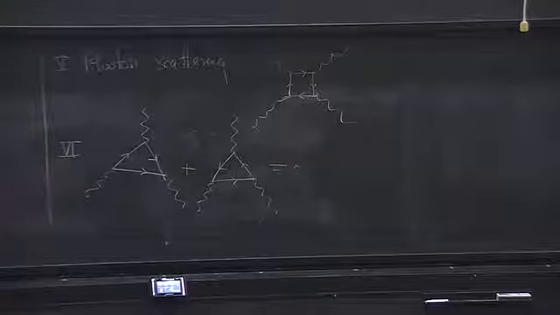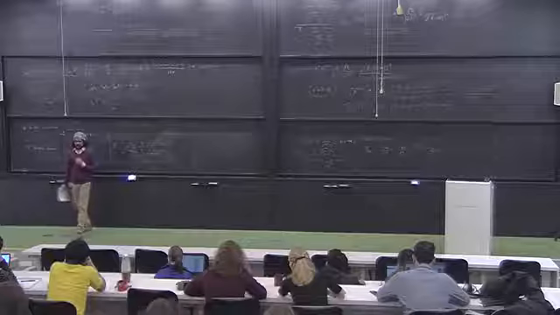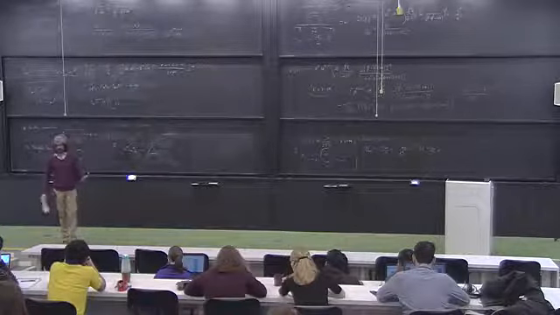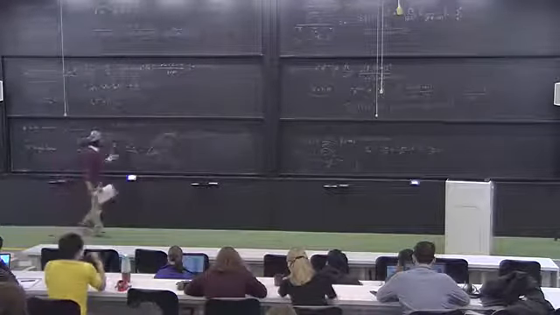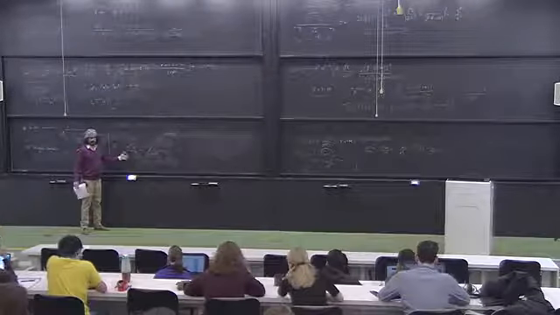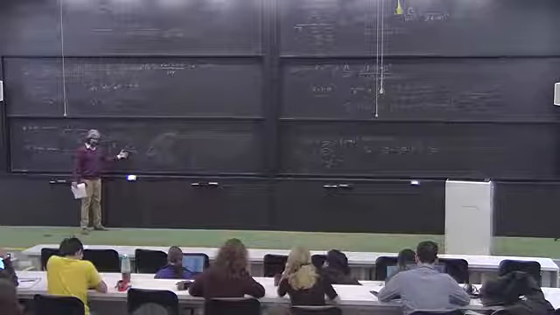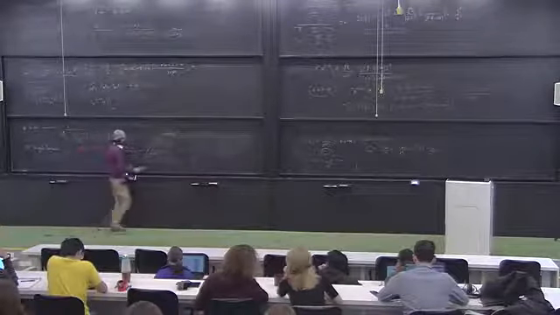However, in theories where you have left-handed Weyl fermions or right-handed Weyl fermions, they don't come in pairs and they don't cancel each other out. In those theories, you have to renormalize these diagrams, and you'll see that they involve a chiral current, a current of this form.